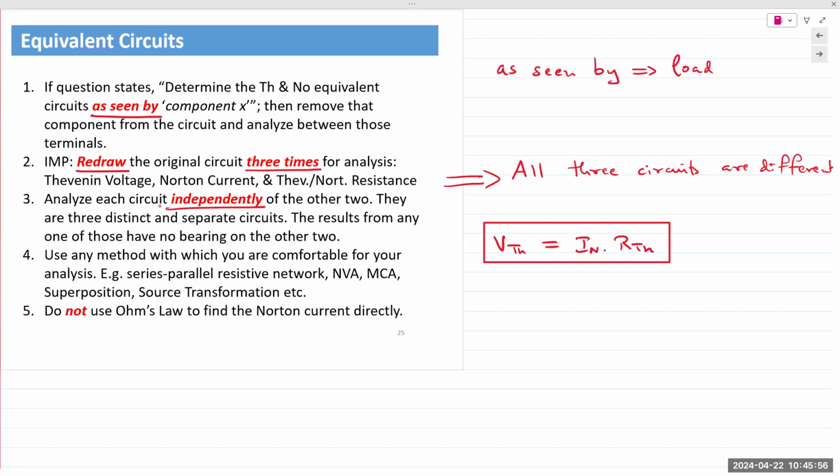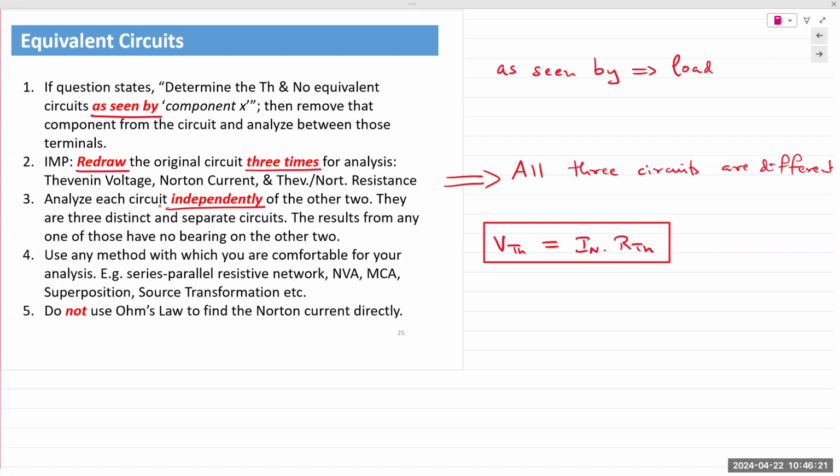But what if one of your quantities is incorrect? Let's say you find Thevenin voltage and you find Thevenin resistance, but your voltage value is incorrect. Then you end up with two incorrect values instead of just one. That's one thing. Second thing is, Thevenin resistance is sometimes the easiest to find.